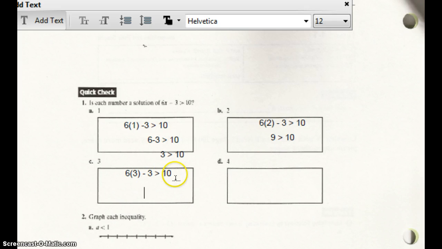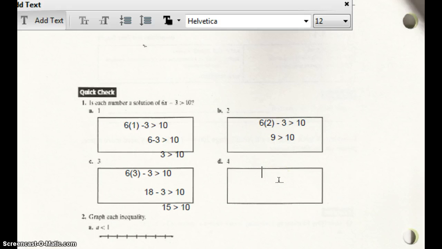And here we have 6 times 3 is 18. So 18 minus 3 greater than 10. And this is going to end up giving us, sorry, just 15 greater than 10. Now obviously this one is true because 15 is a larger value than 10.